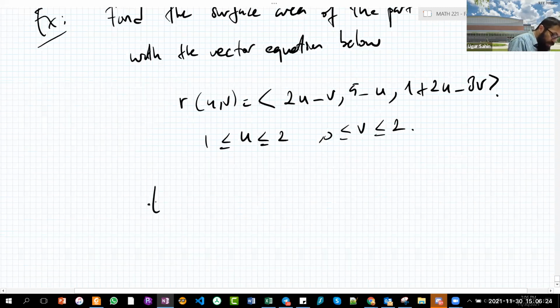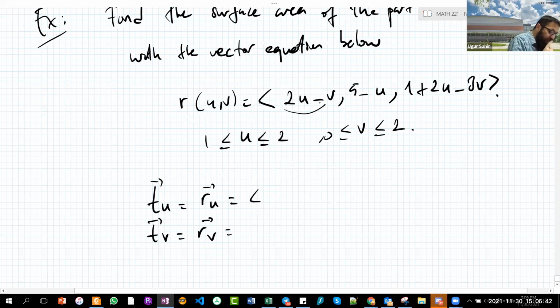I'm going to find first the Tu and Tv vectors, right? How? Taking the derivative of the r vector function with respect to u and v. The derivative of r with respect to u is, look at that, the first component derivative with respect to u is 2, then -1, and also 2.